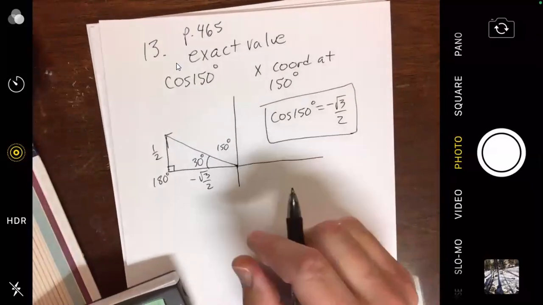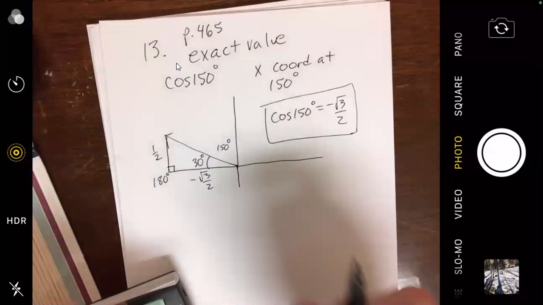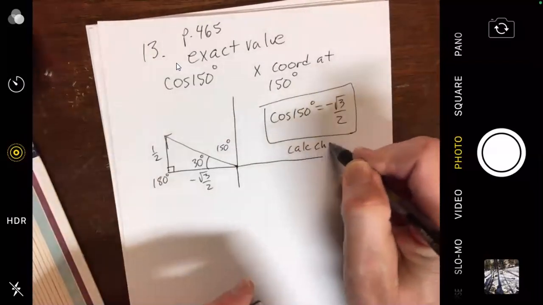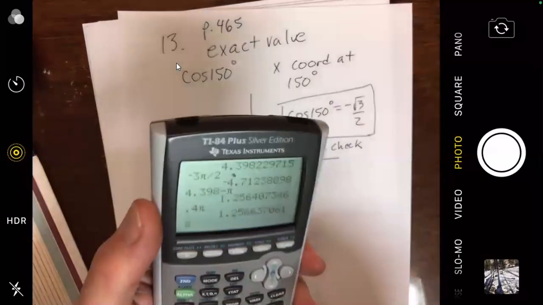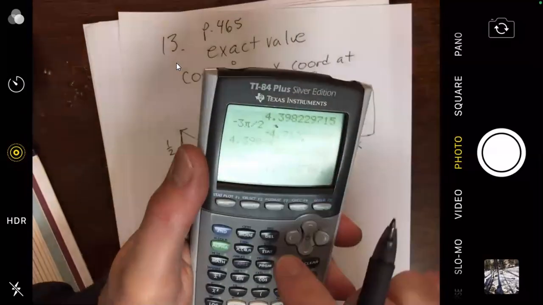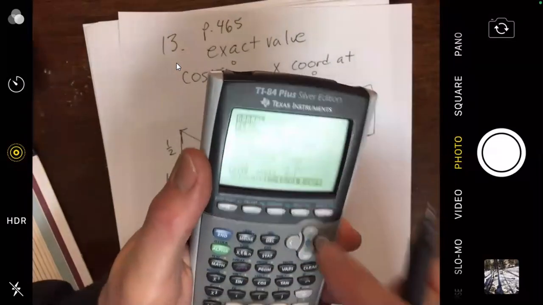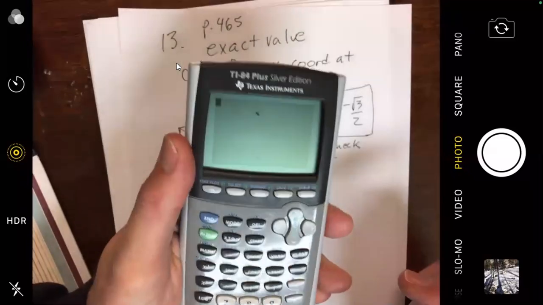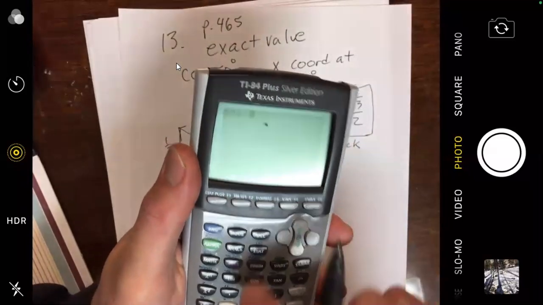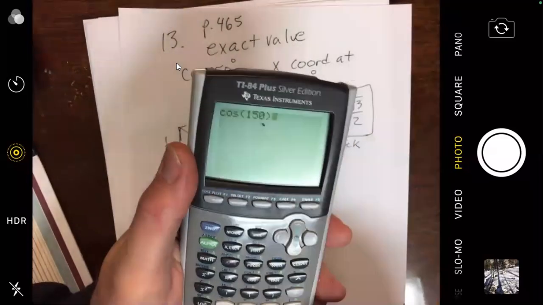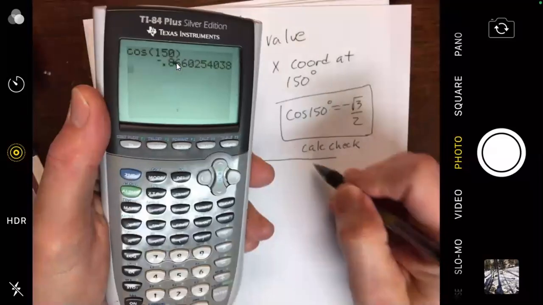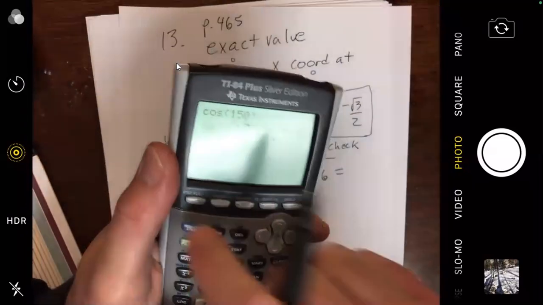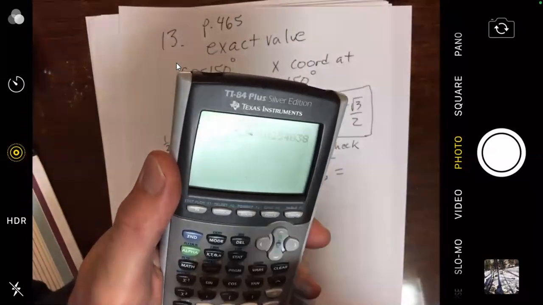See the useless stuff I have in my head. If you want to check it, you can punch it both ways. Calculator check. All right, you want degree mode. Cosine 150, negative 0.866, negative square root of 3.